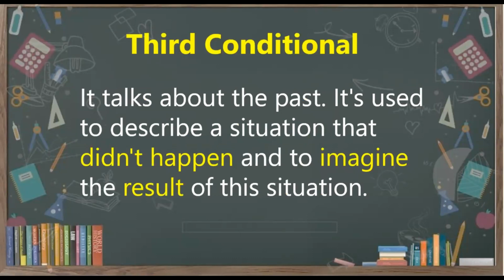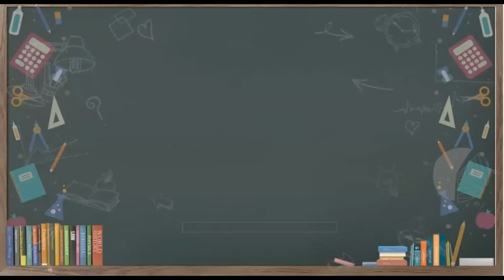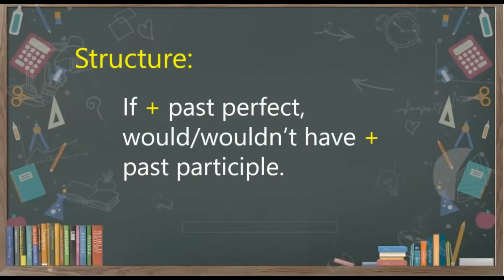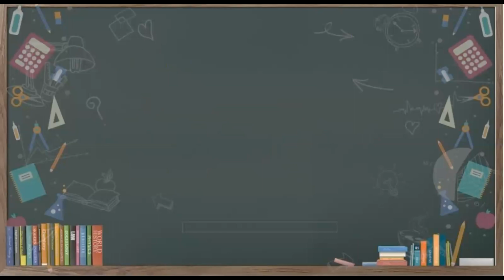It's used to describe a situation that didn't happen and to imagine the result of this situation. Now, how do we create the third conditional? Here's the structure: if plus past perfect, would, or the negative form, would not or wouldn't, have plus past participle.